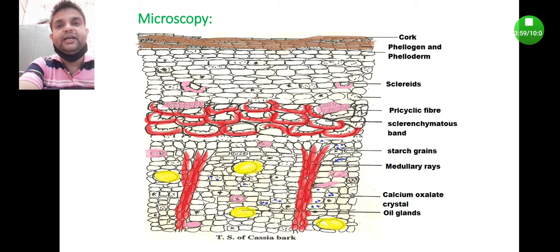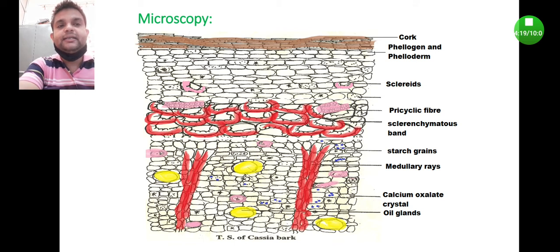These are also lignified. Next, you will observe very distinct oil glands, yellowish in nature. These oil glands contain volatile oil, due to which Cassia bark possesses its characteristic aroma.